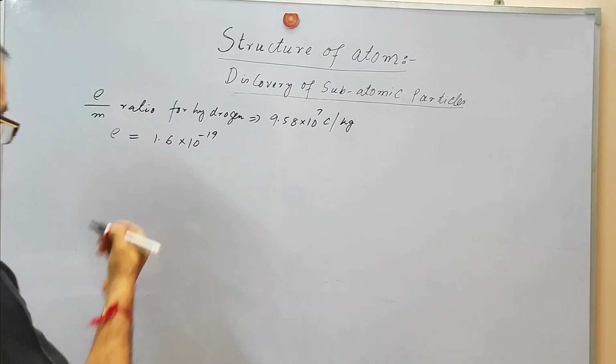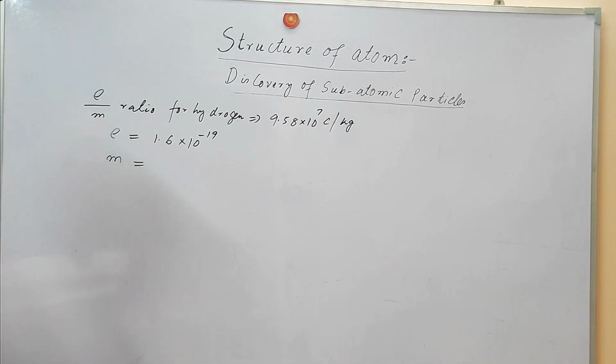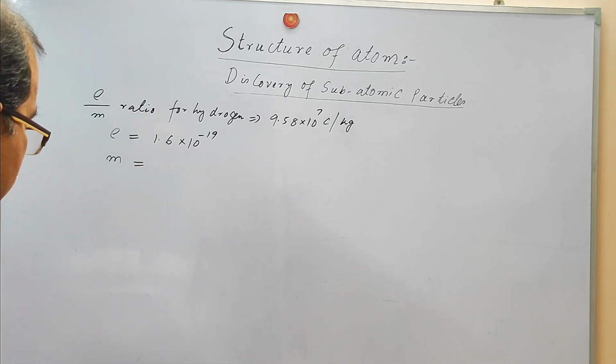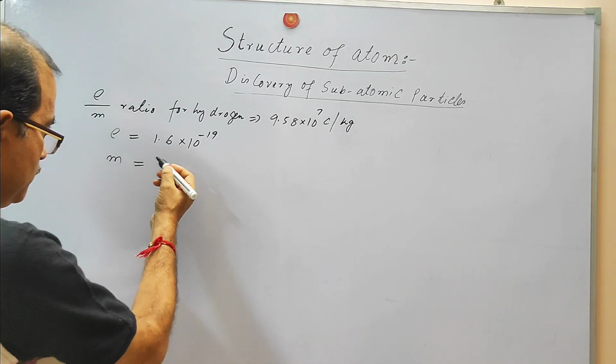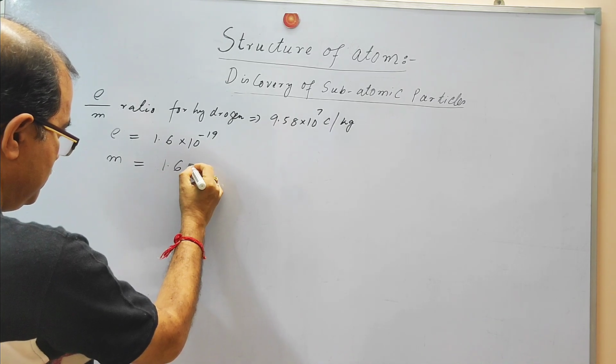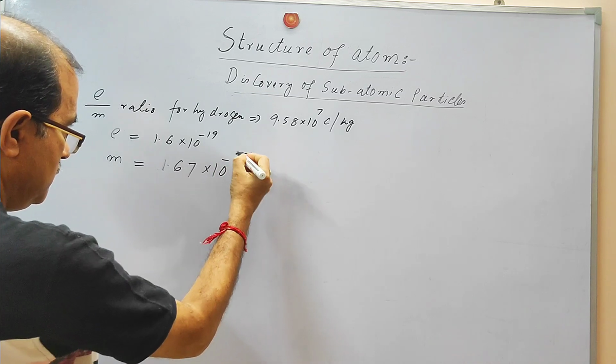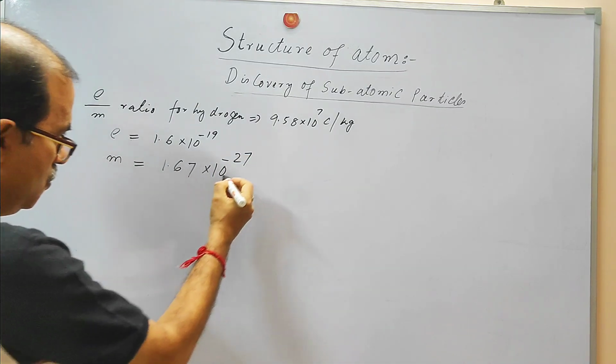Now we put this value here and we can find out the mass of the hydrogen ion. The mass of the hydrogen ion comes out to be 1.67 into 10 to the power minus 27 kilogram.